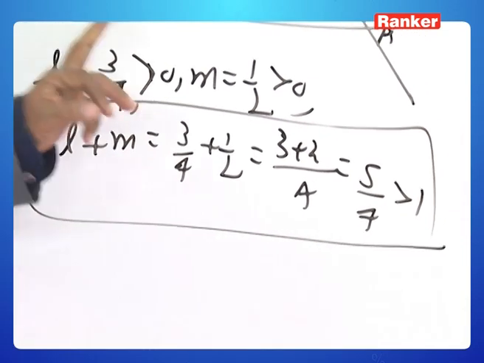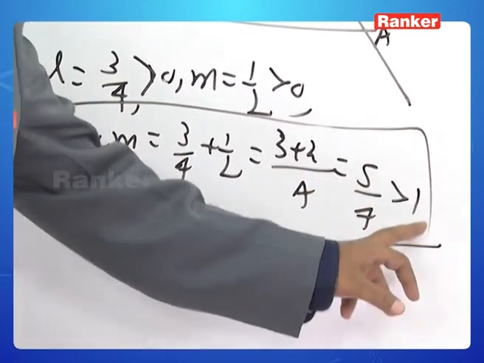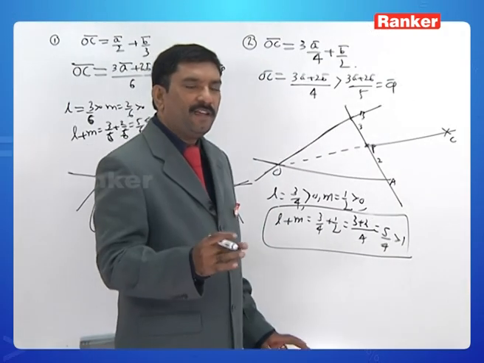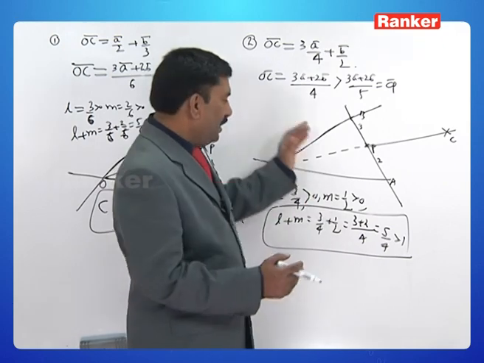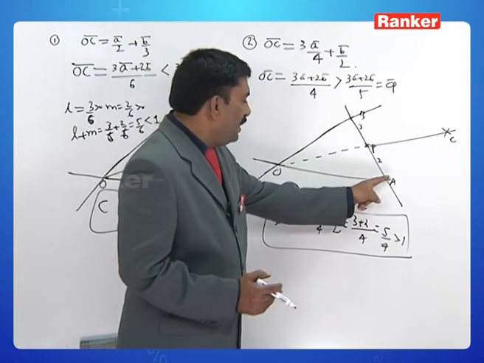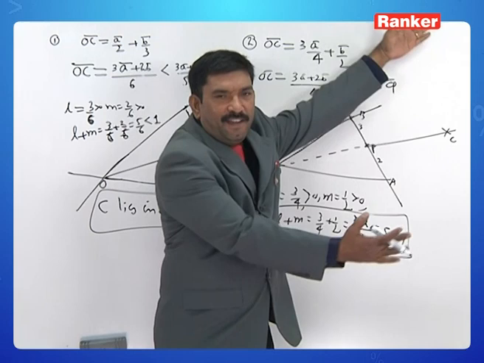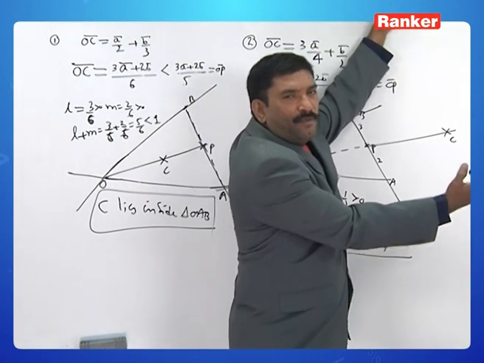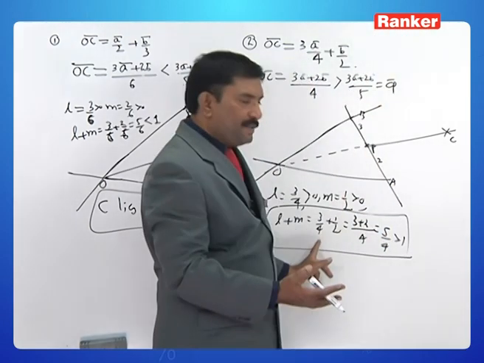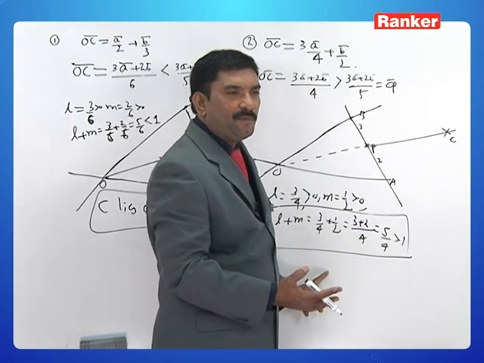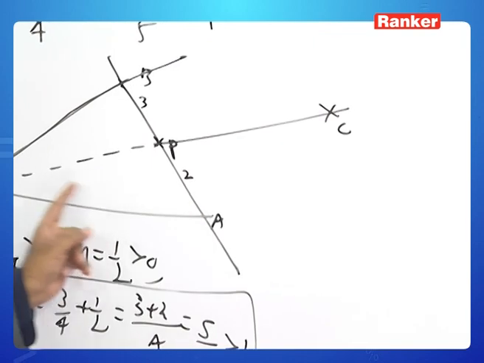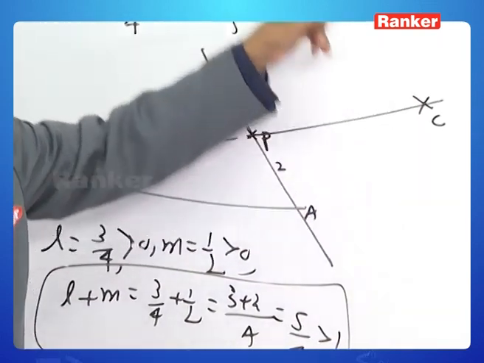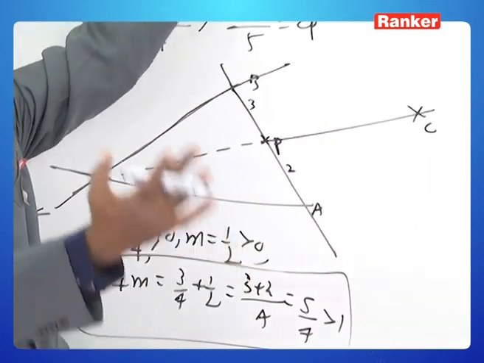L positive, M positive, L plus M greater than 1. Then the point C lies outside of the triangle OAB, but inside the angle AOB. So therefore, C lies outside of the triangle OAB, but inside the angle AOB.